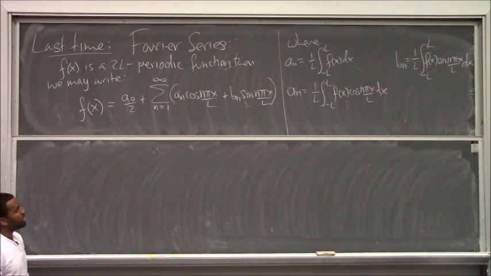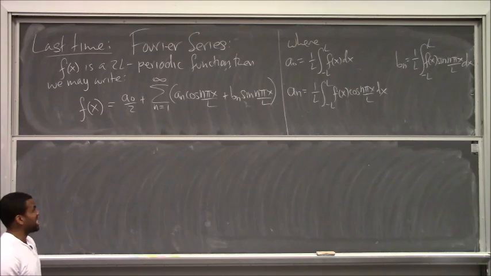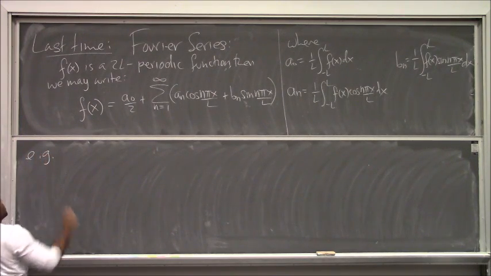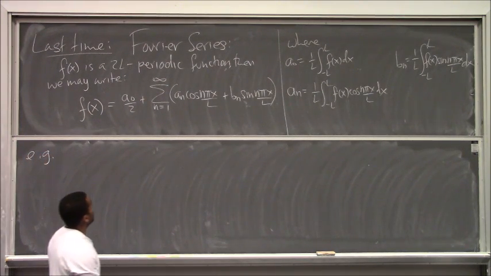And we derived that last time, so right now I just want to actually do an example. Then I'll tell you about something else, and we'll do some more examples.